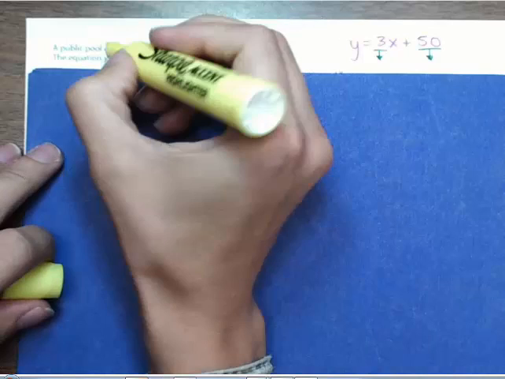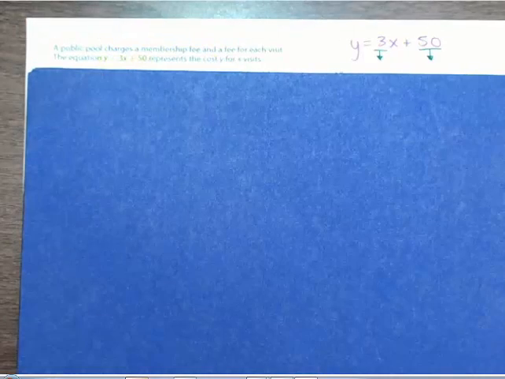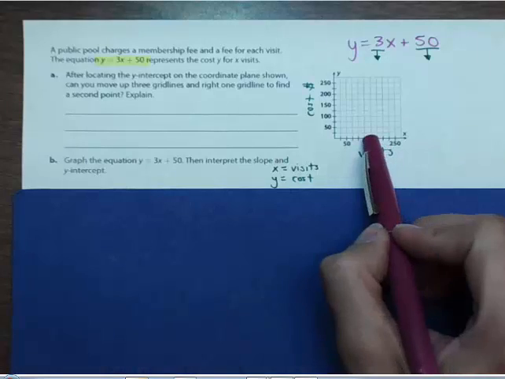Now we're going to look at a real-world situation on when we would have to actually plot equations like this. In this problem it says a public pool charges a membership fee and a fee for each visit. The equation y equals 3x plus 50 represents the cost y for x visits. Right away I would look at my graph.